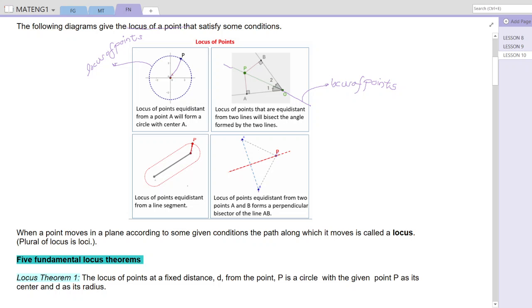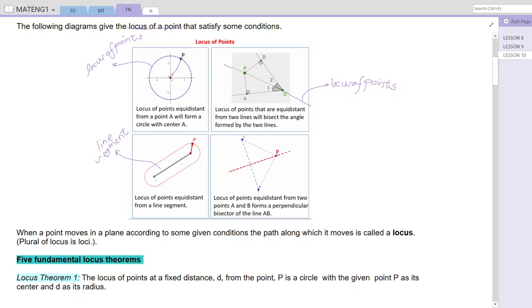For the third picture, the locus of points equidistant from a line segment. If we have a line segment here, and we follow the path from the line segment at point P, we form the surface of a spherocylinder.